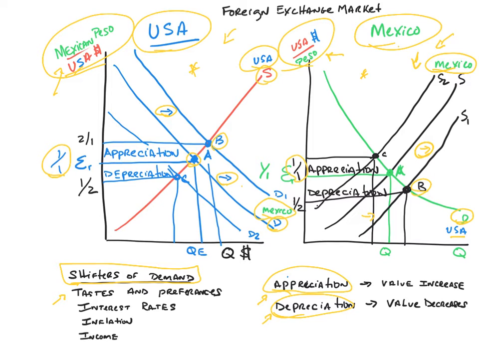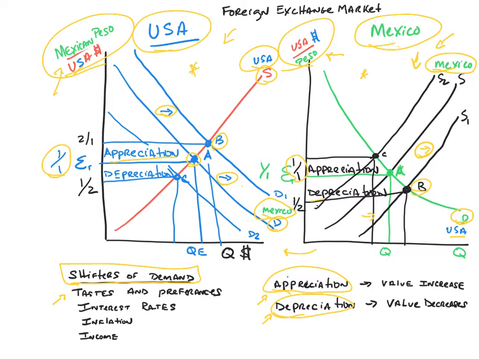And so what we will see is an increase or shift to the right in demand for USA dollars and a shift to the right in the supply of Mexican pesos as they begin to want to go to the World Cup. In this particular case, what we will see is some appreciation of the United States currency due to the increased amount of demand for the United States dollar.